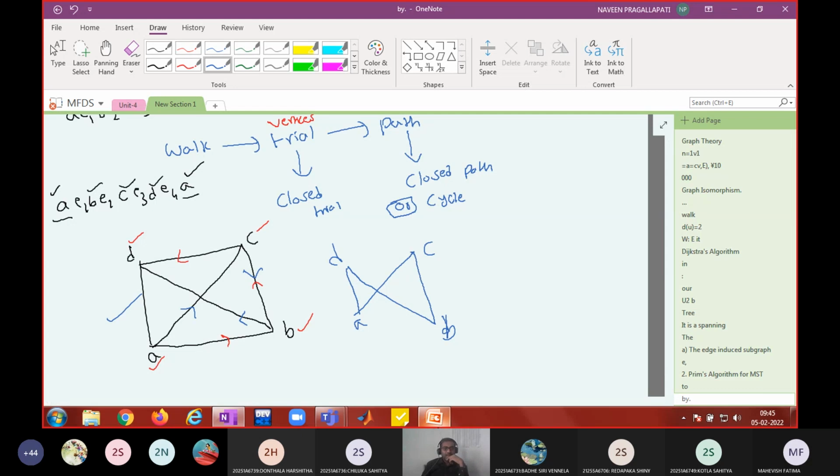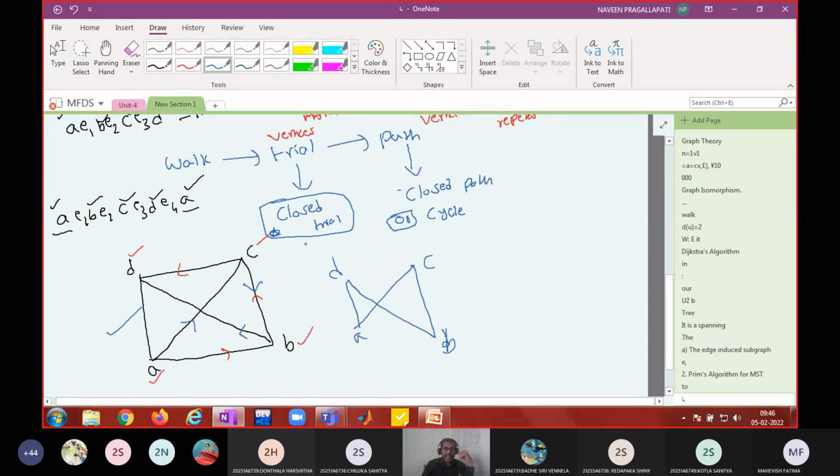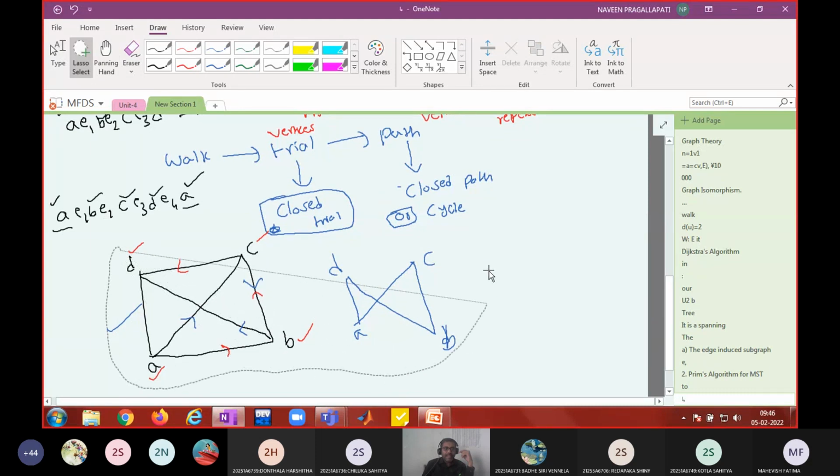So if a closed trail exists in a graph, then that is said to be Eulerian. A closed Eulerian trail, okay, I will write it as a special case. A trail need not contain all the edges.